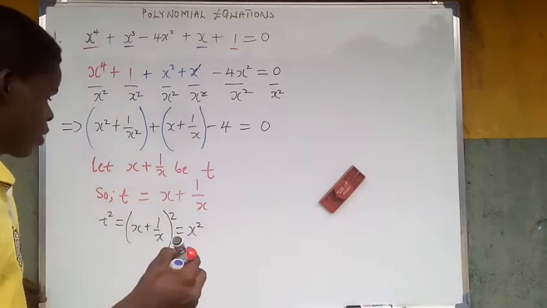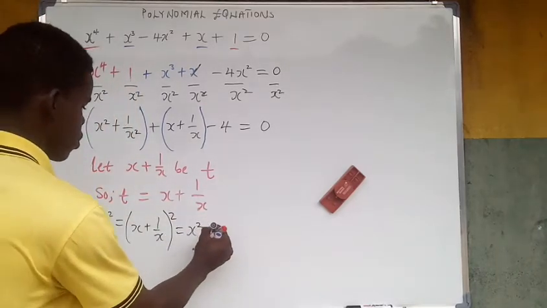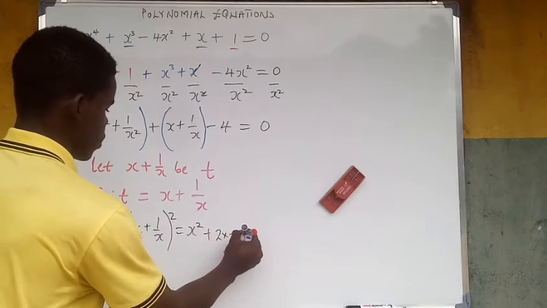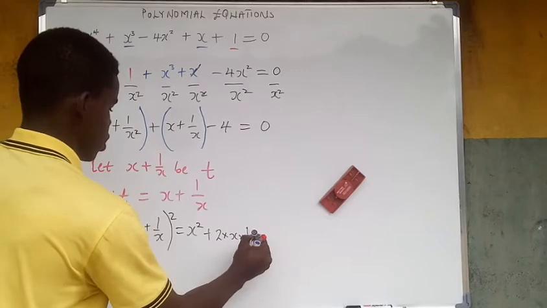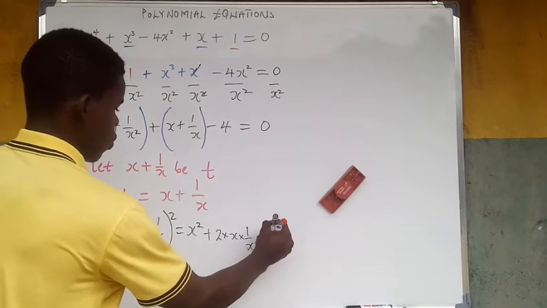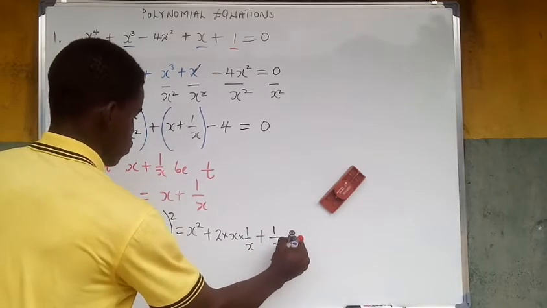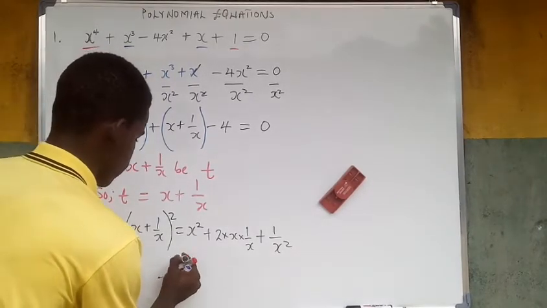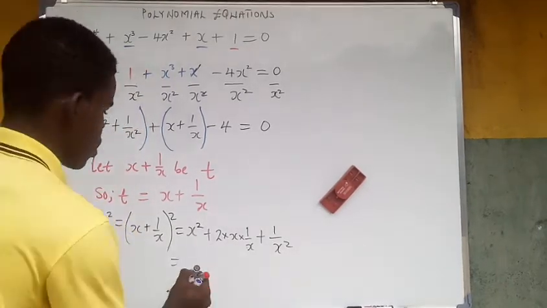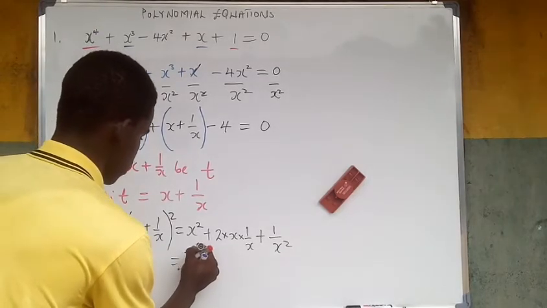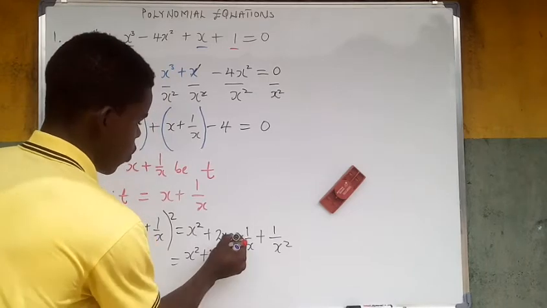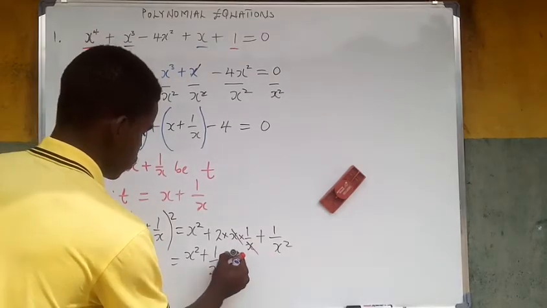We've made a video on that. x squared plus 2 times x times 1 over x plus 1 over x squared. Now x cancels x, plus 2.